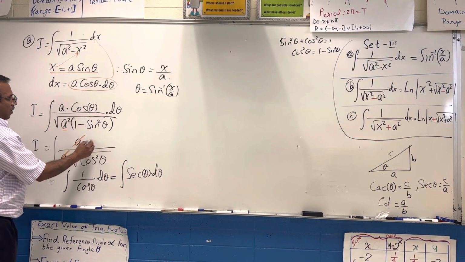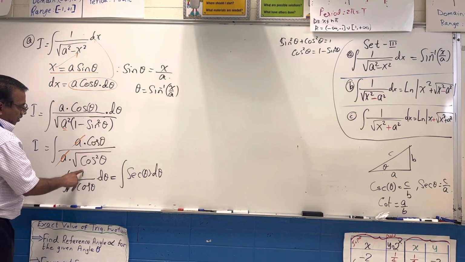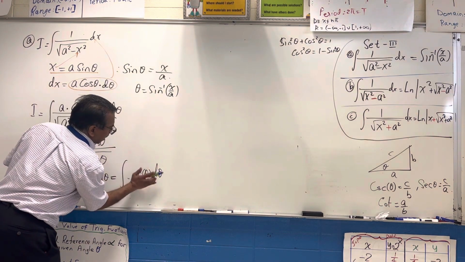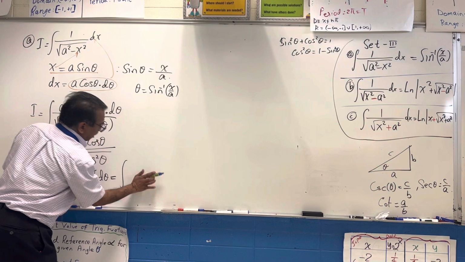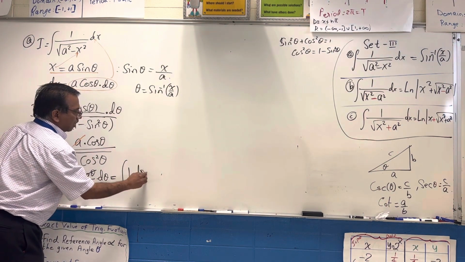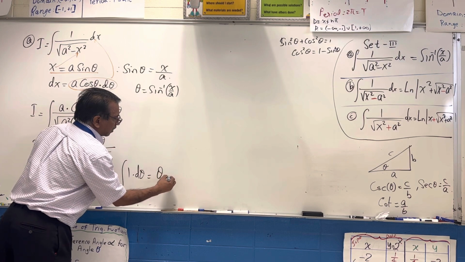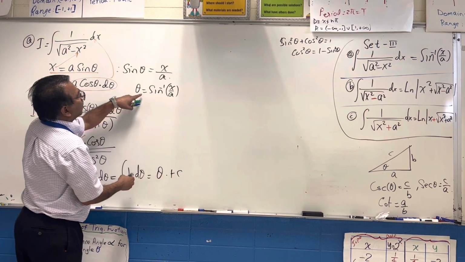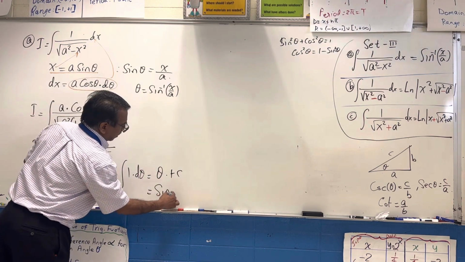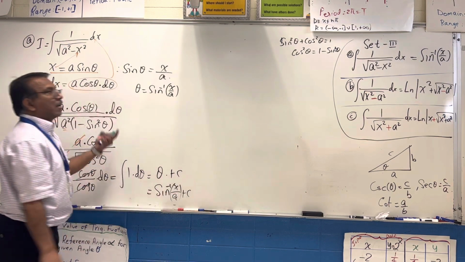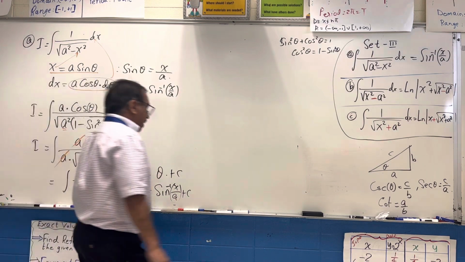So the a and the cosine theta cross out, and you get the integral of 1 d theta, which is theta plus c. But theta from here is sine inverse of x over a, so the answer is sine inverse of x over a plus c, and that takes care of the first one. Let me do the next one quickly.